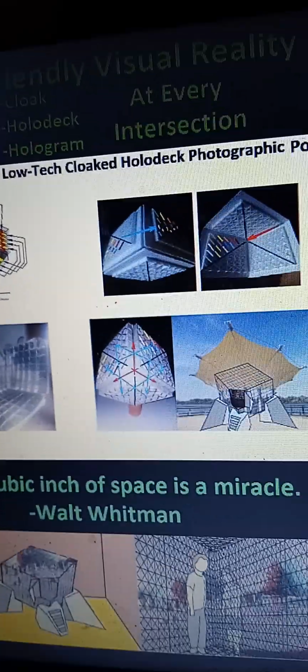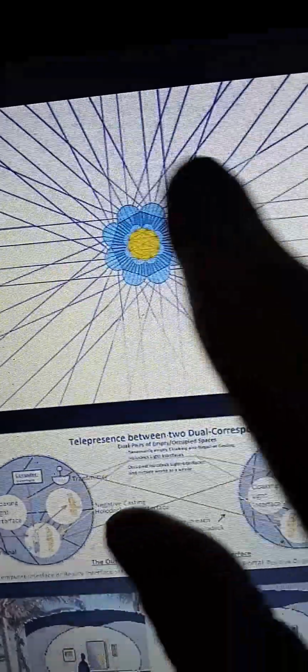And this can be displayed in a photographic portal as well as in a televisual portal, based on this basic cloaked object and its inverse relation between the holodeck and the outside exterior invisibility.